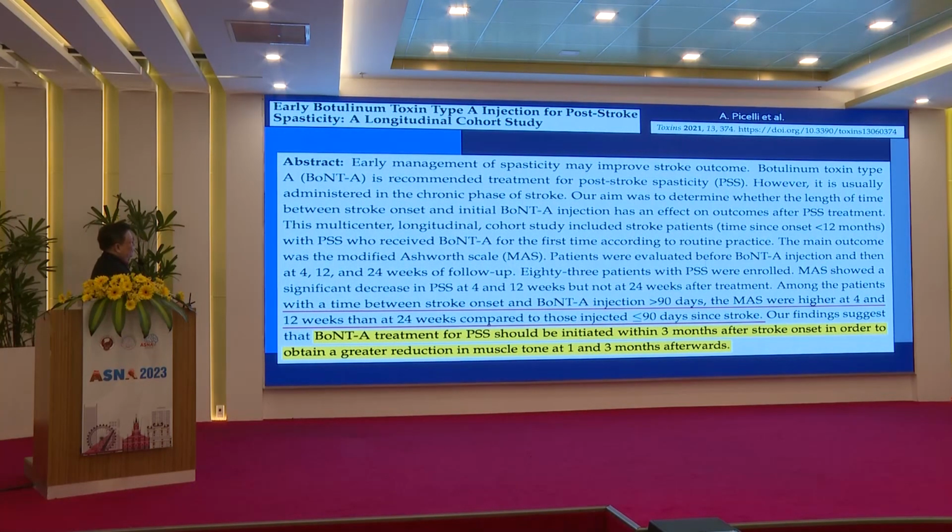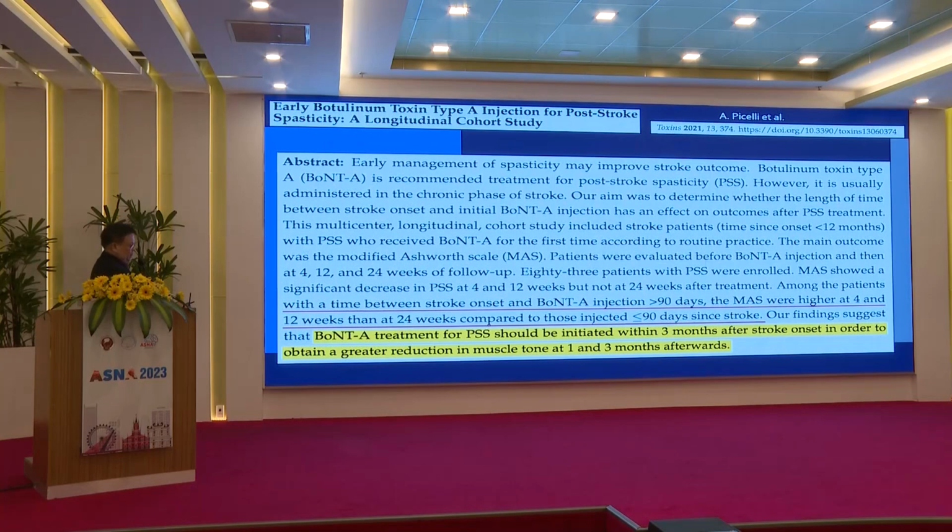And here is another study that was just published 2 years back, wherein it is very, very clear that when they divided patients into less than 3 months and after 3 months from stroke, you can see that those who were given botulinum toxin less than 3 months had greater reduction in muscle tone and also had longer inter-injection intervals.